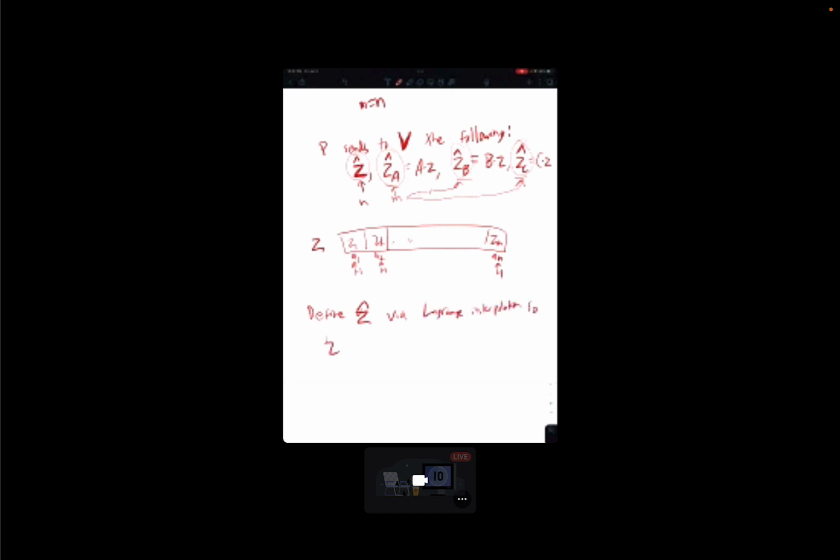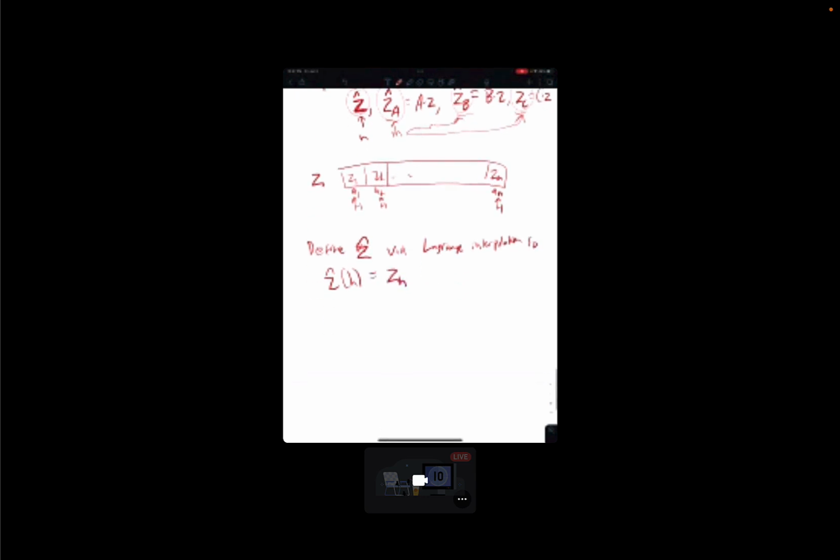So Z hat maps any nth root of unity to the associated entry of Z. That is, we are just interpreting Z as the list of all evaluations of Z hat over an interpolating set, and that interpolating set is the nth roots of unity.